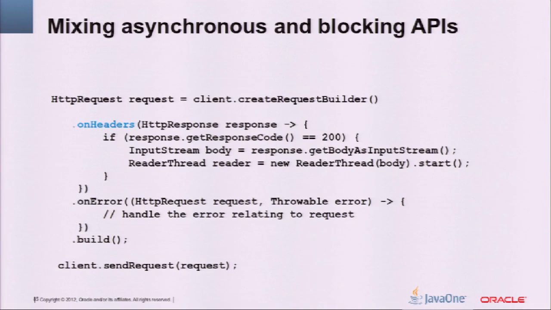And if everything is OK, then it calls response.getBody as input stream, and we get back an input stream. The input stream is then handed off to some kind of reader thread to read the actual response body. It could be read inline in the onHeaders method you see here, or alternatively through a separate thread.